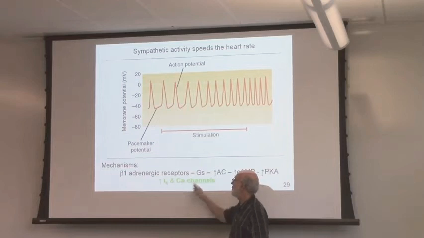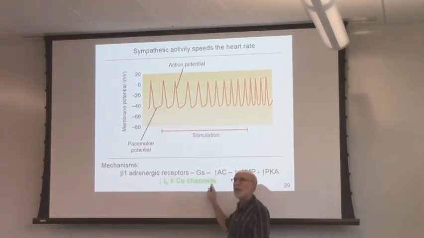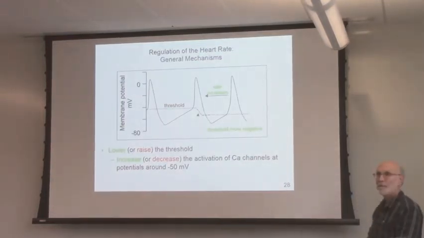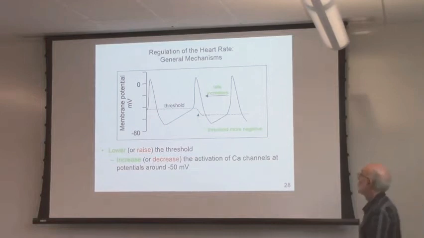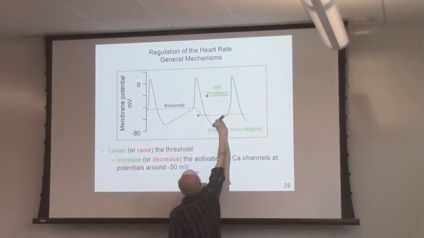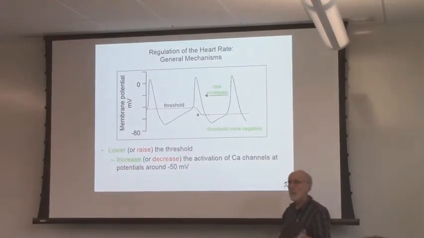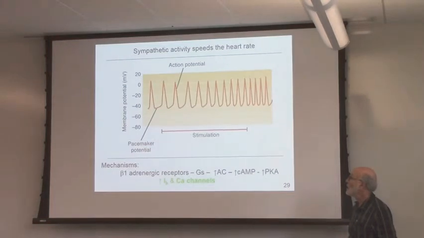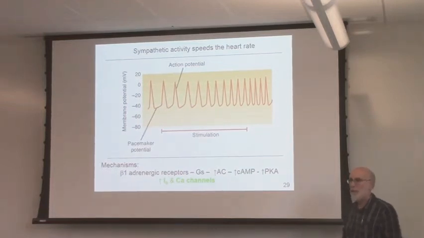What would turning on voltage-gated calcium channels do to threshold? Lower it down. So the slope is getting faster and it's going to a lower threshold. So both of those things are in play during sympathetic nervous system activation of pacemaker cells to make your heart beat faster when you're stressed, physical or mental stress.